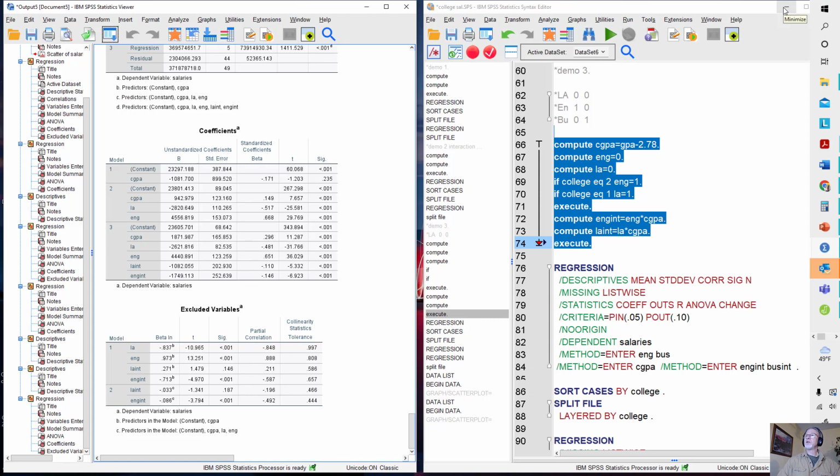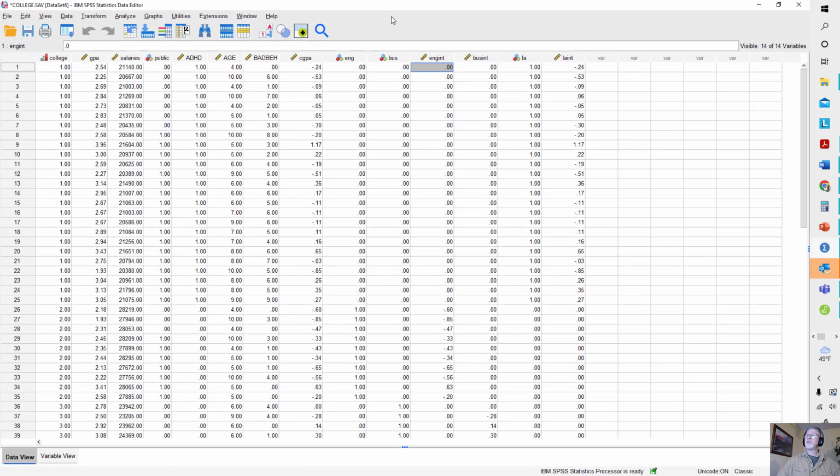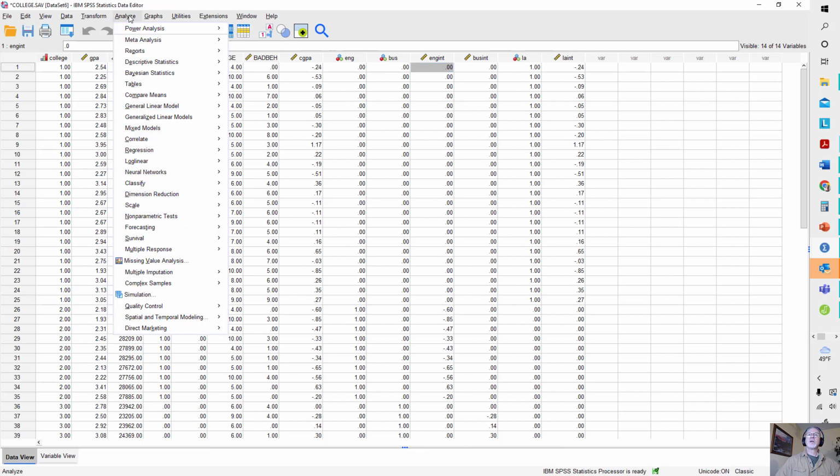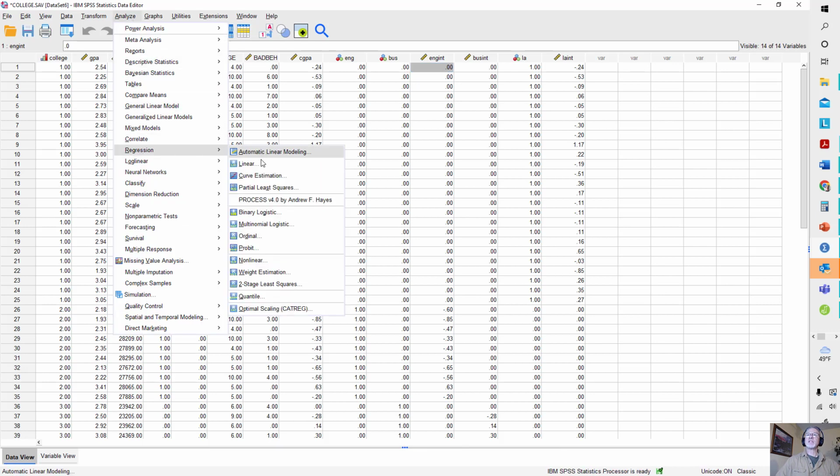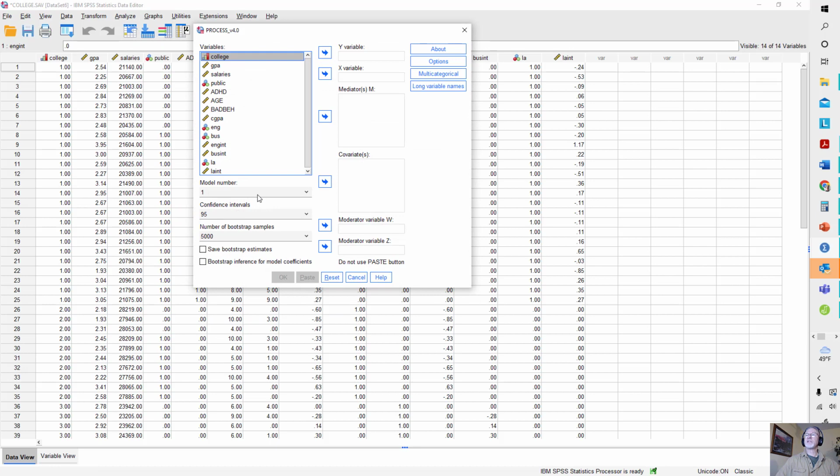Okay, last piece. How to do this the simplest way, using PROCESS. Go to Analyze, Regression, PROCESS.